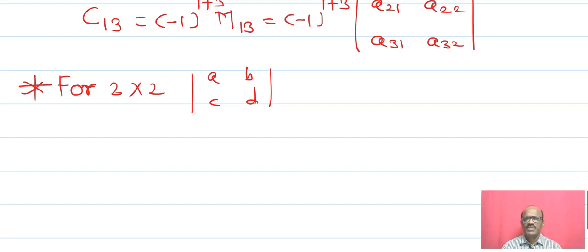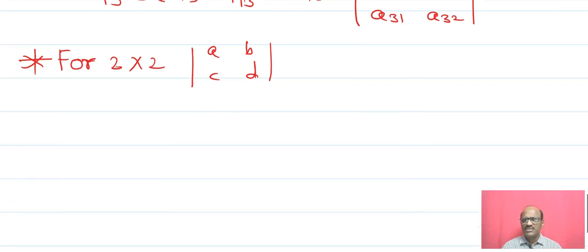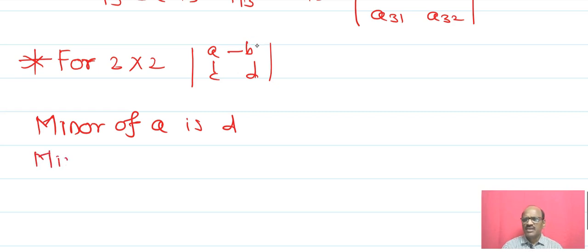For a 2 by 2 matrix, minor of a is d, that is, eliminate the element in front of a, which is b, and below a, which is c.